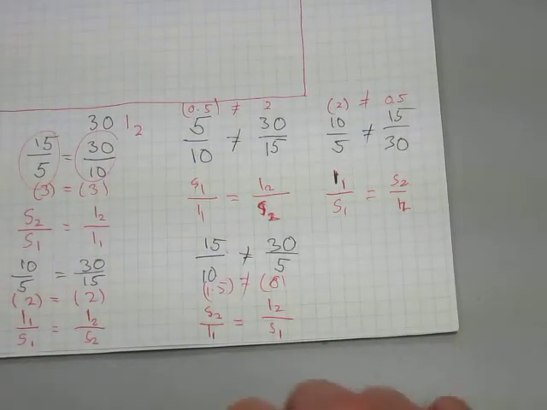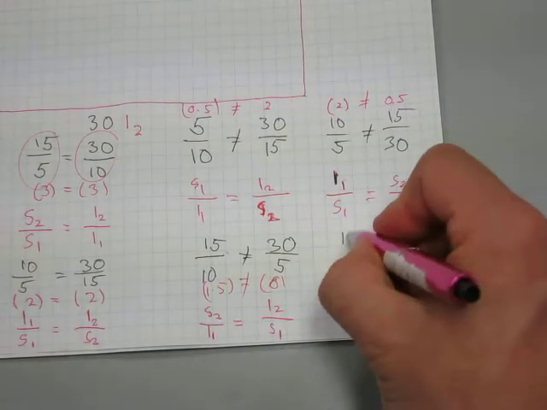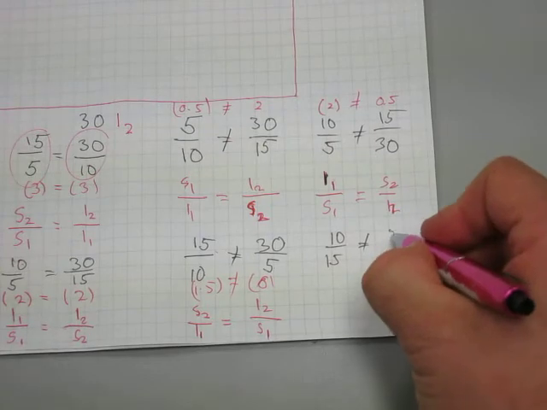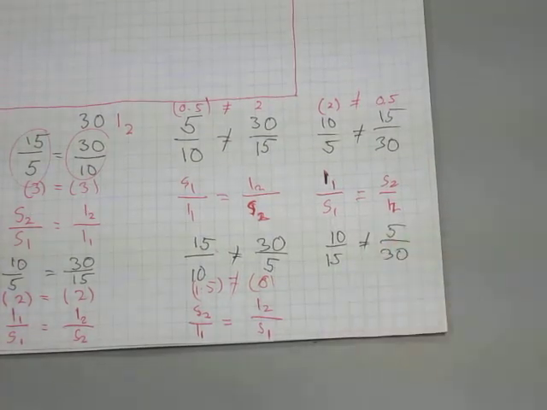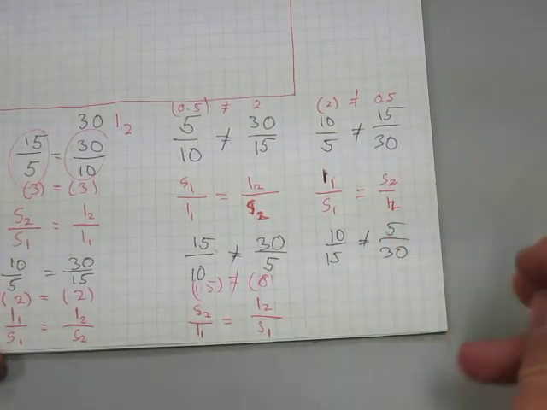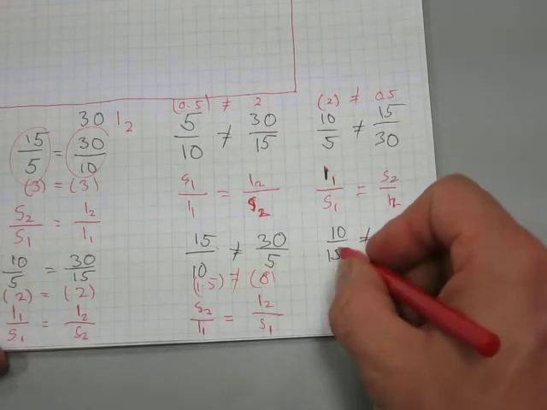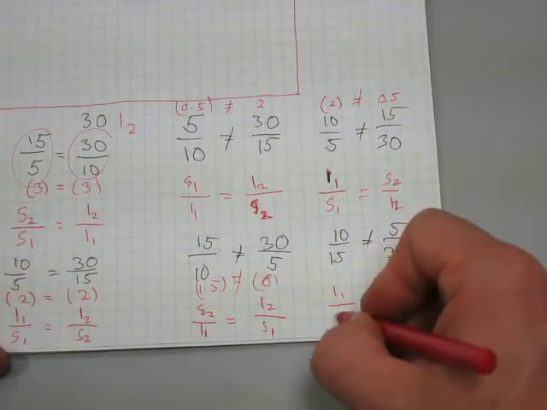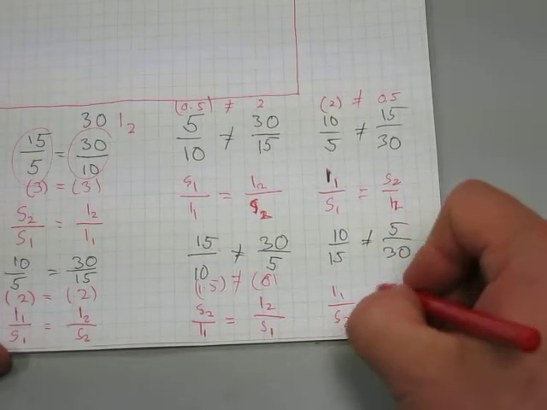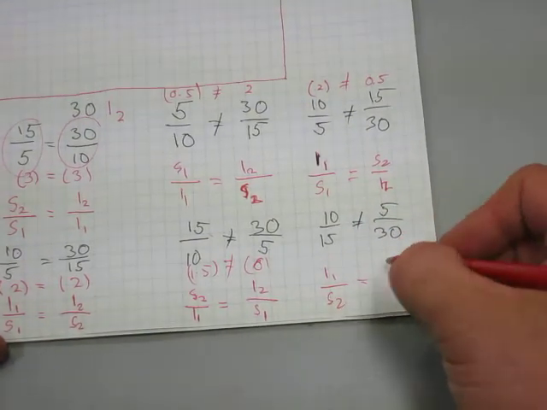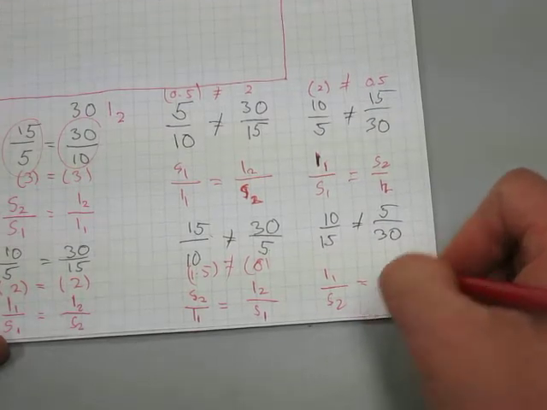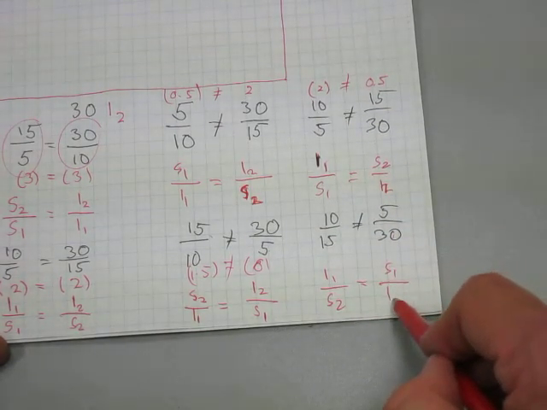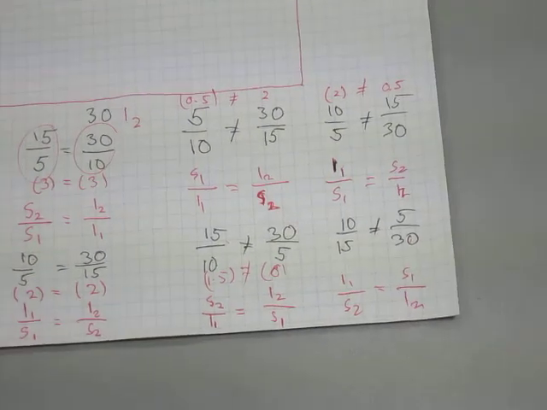And we can do a vertical flip on it, 10 over 15 and 5 over 30. And let's see this combination here. 10 is the long side on the first one, and 15 is the short side on the big one. 5 is the short side on the first one, and 30 is the long side on the second shape.